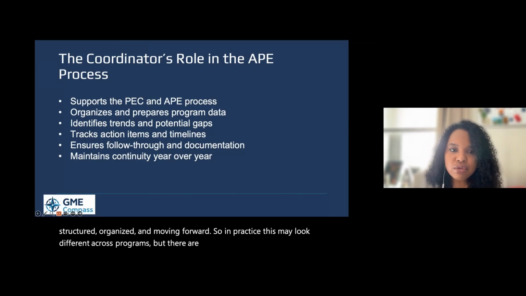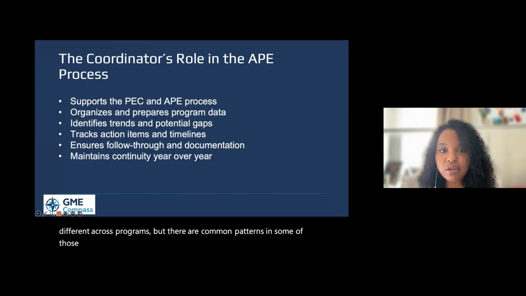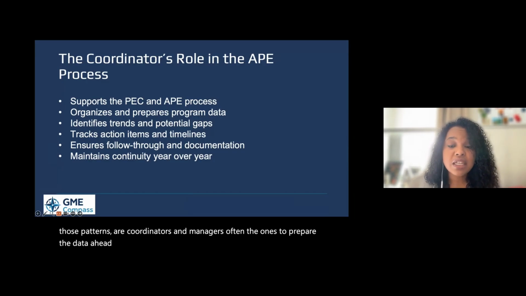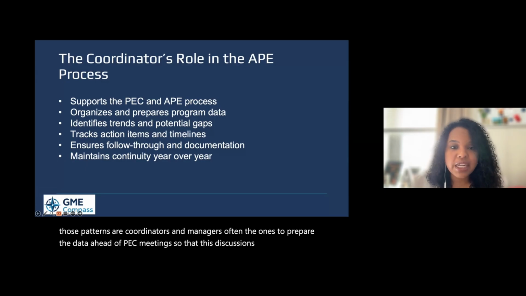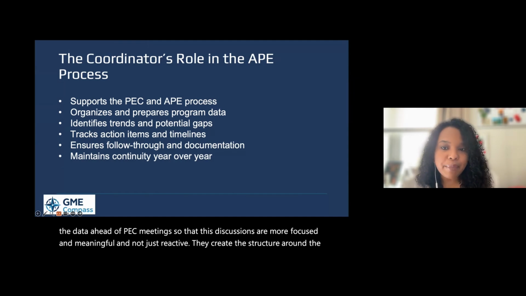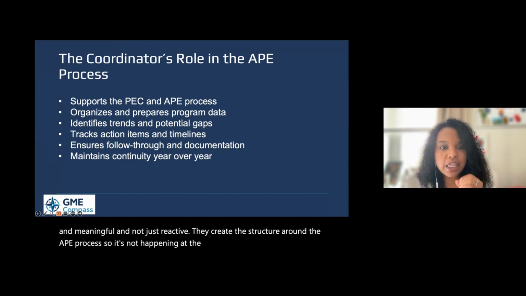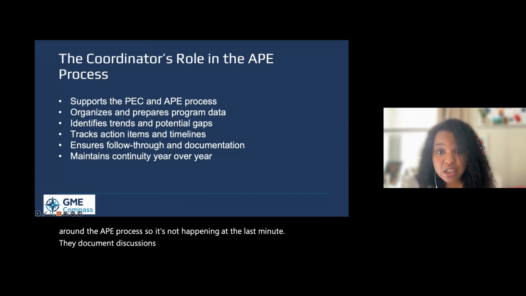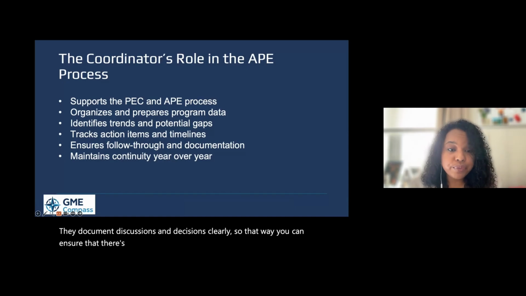So in practice, this may look different across programs, but there are common patterns. Coordinators and managers are often the ones to prepare the data ahead of PEC meetings so that the discussions are more focused and meaningful and not just reactive. They create the structure around the APE process so it's not happening at the last minute. They document discussions and decisions clearly, so that you can ensure there's a consistent record of review.